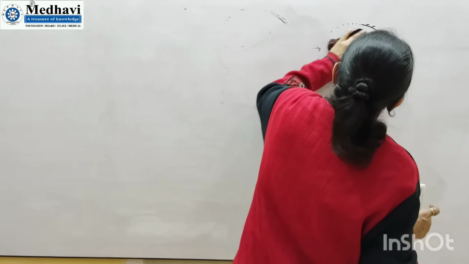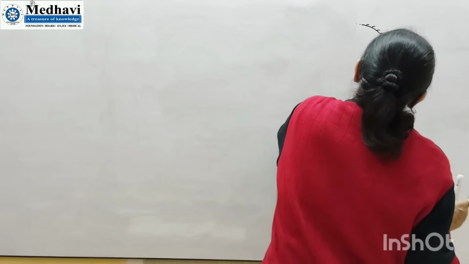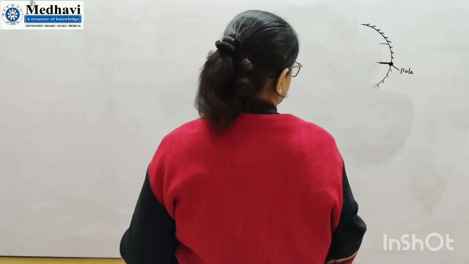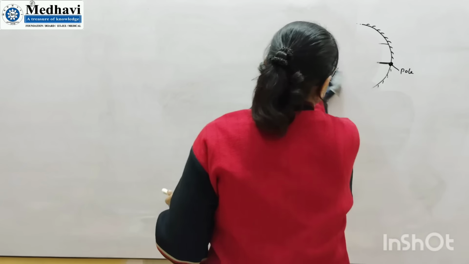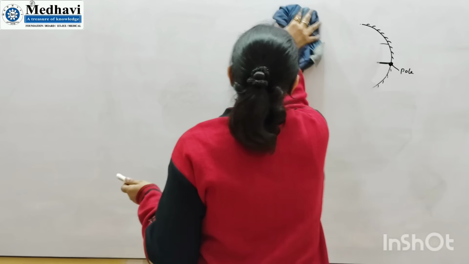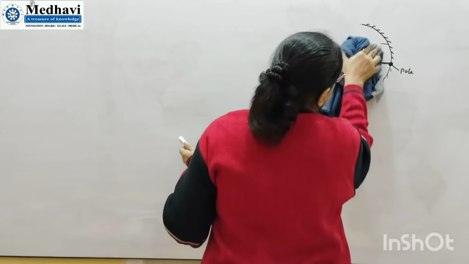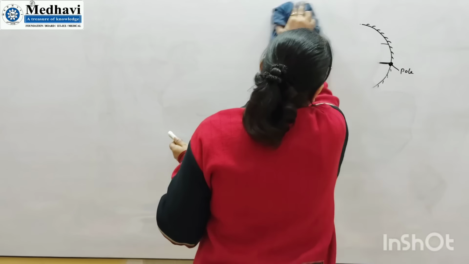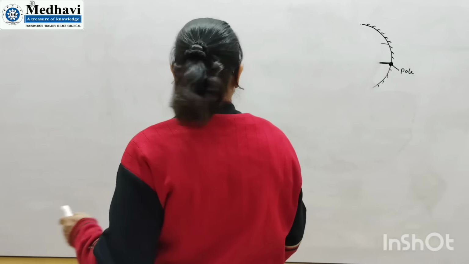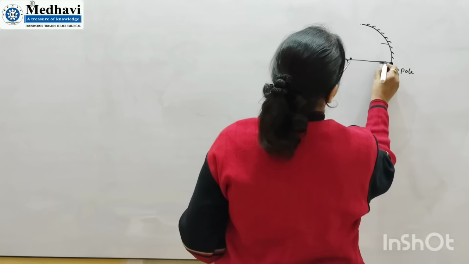Suppose this is a mirror. This is the center of curvature. This is the principal axis.